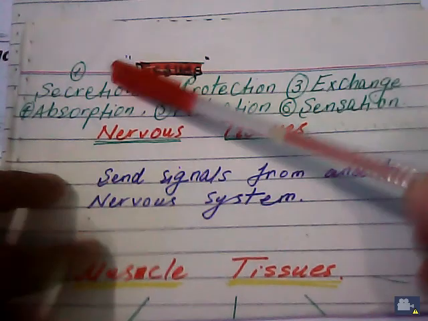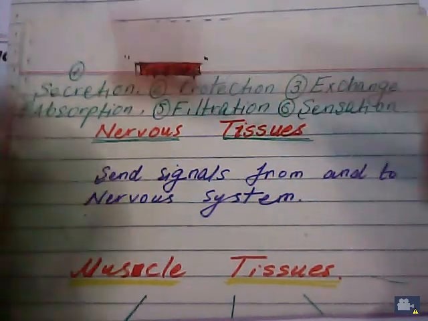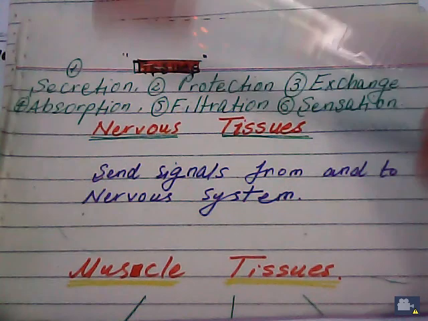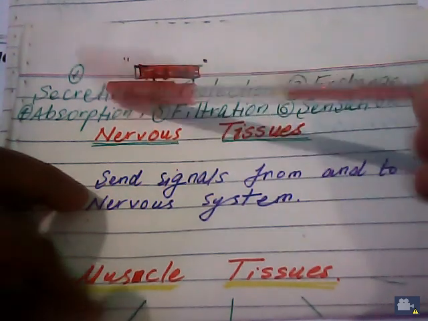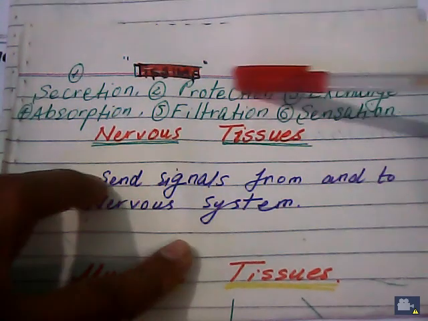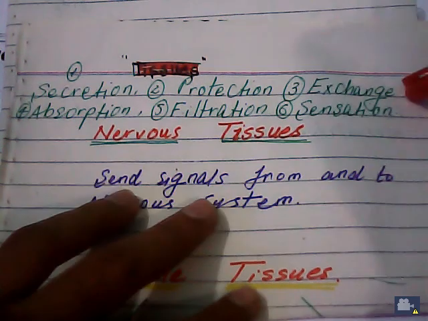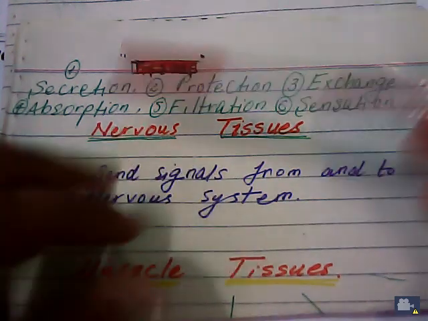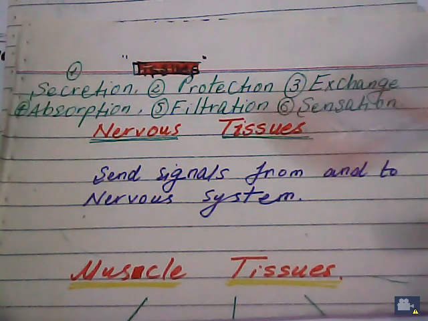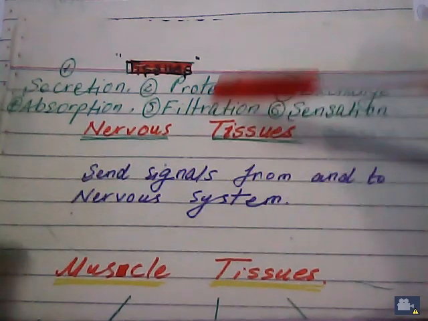Here you can see there are different functions written. Secretion like sweat and mucus in the trachea, sweat secretion from the skin, protection from sunlight, exchange like gases in the trachea, and absorption as I told you in the nephrons, filtration also in nephrons.